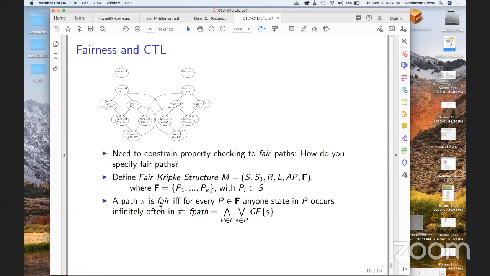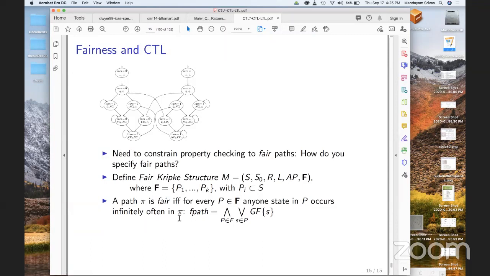So a path pi is said to be fair if and only if, for every P in F, where you have a set of finite states, any of the states inside P must occur infinitely often in pi.